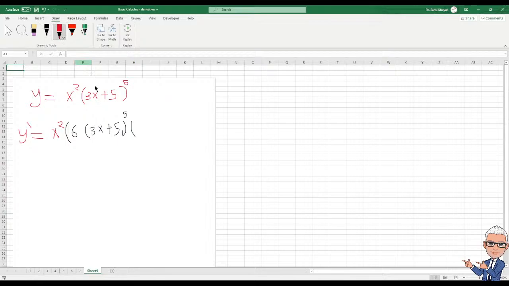Let's keep it as it is. The inside is a 3, correct? Okay, you see, the first one times the derivative of this one, plus, okay?